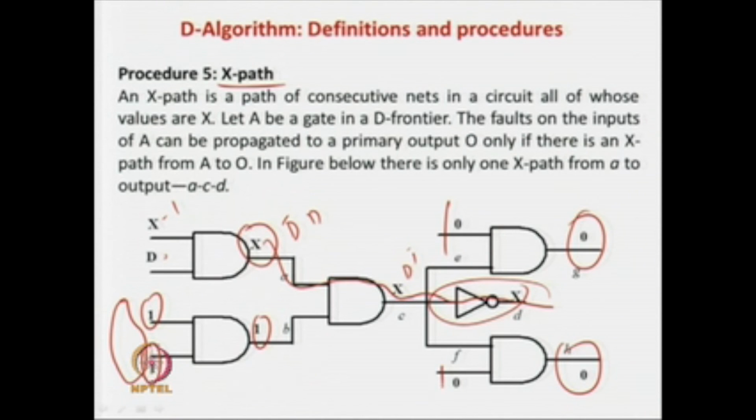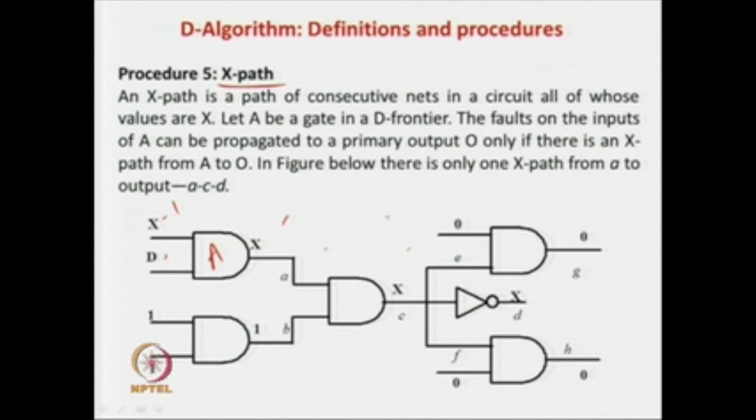So an x path is a path of consecutive nets in the circuit whose output values are x. Let A be in D frontier, this is the gate A. The fault effect on the inputs can be propagated to the primary output O only if there is an x path from A to O. So from the gate in the D frontier, that is where the fault effect is, that effect can be propagated to the primary output if and only if there is a path of gates whose outputs are all x, because this x can be converted to D or D prime and the fault effect can be propagated.